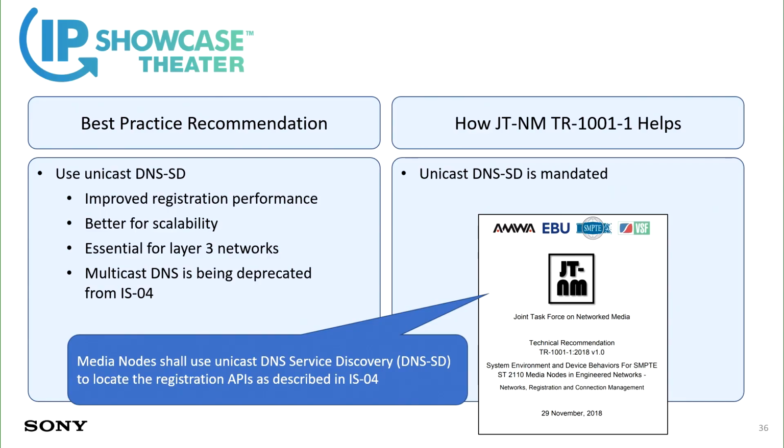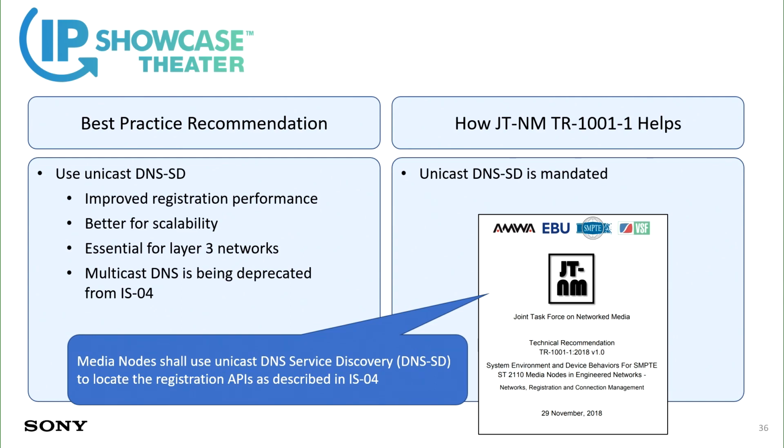And then the final recommendation, I mentioned some problems due to the use of multicast DNS and timeouts. It's really much better to use unicast DNS. We found we got improved registration performance when we changed our simulation to do unicast DNS-SD. It's also better for scalability. It's actually essential if you're going to have a layer 3 network rather than a layer 2 network.